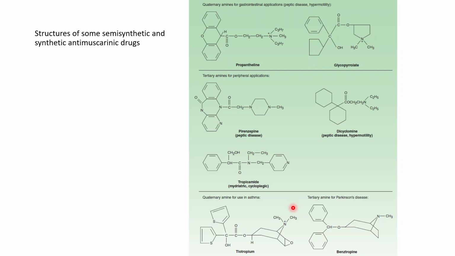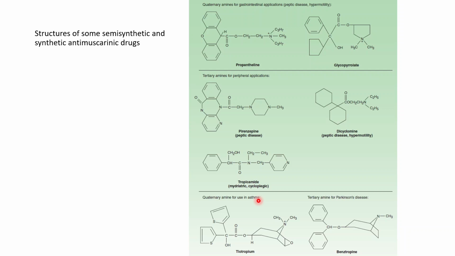Also, some of the anti-muscarinic drugs are used for the treatment of Parkinson's disease, and benztropine is the first of these drugs. Benztropine is also a tertiary amine and is used for the treatment of Parkinson's disease, which is a central nervous system disease. We will discuss this disease later in the course, as well as asthma and its treatment.